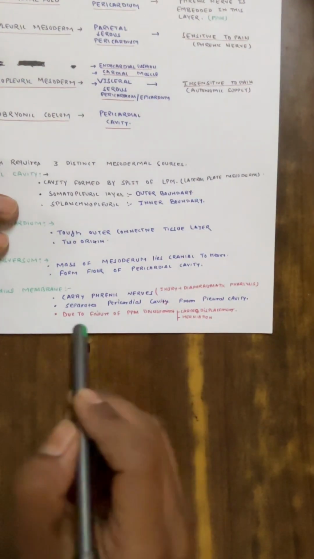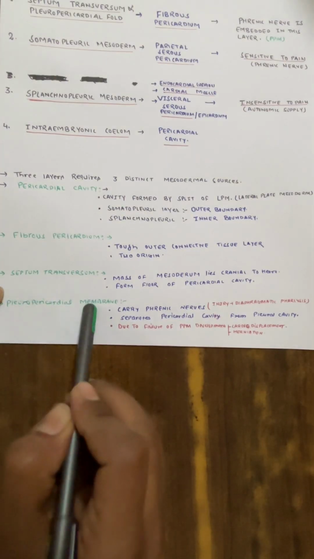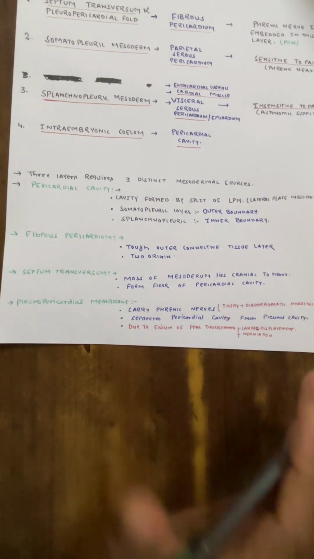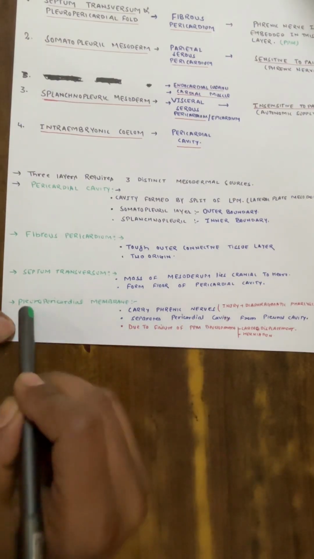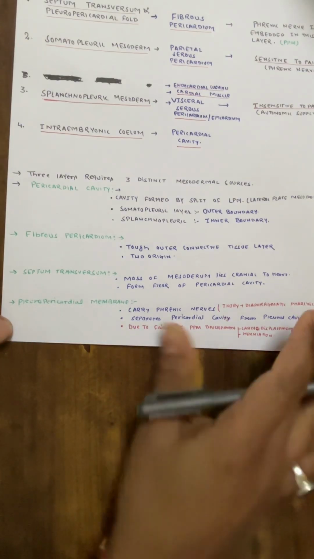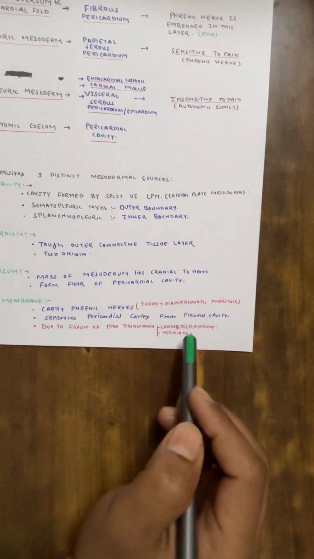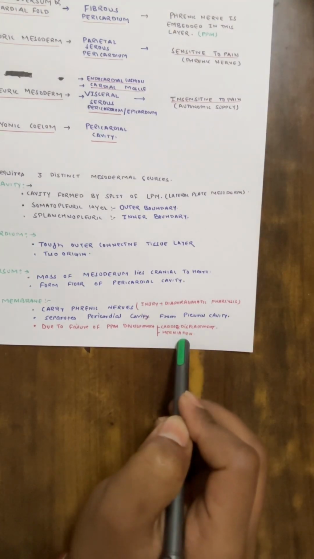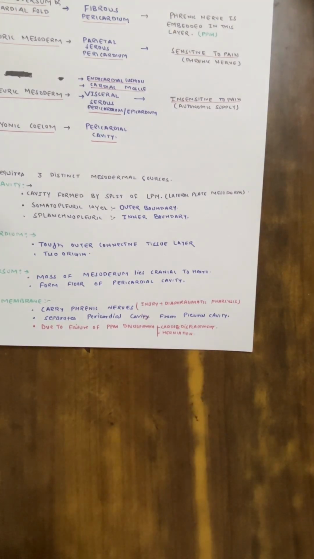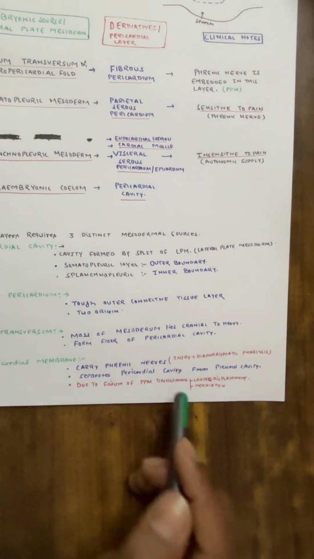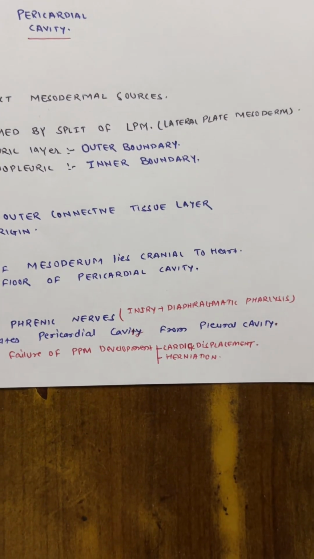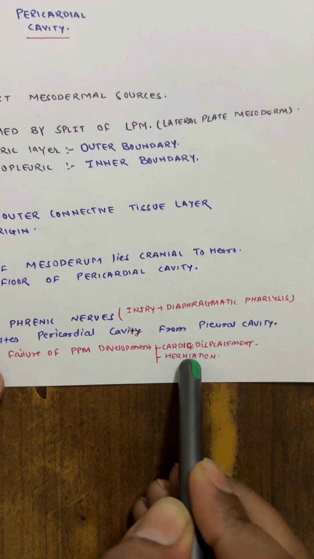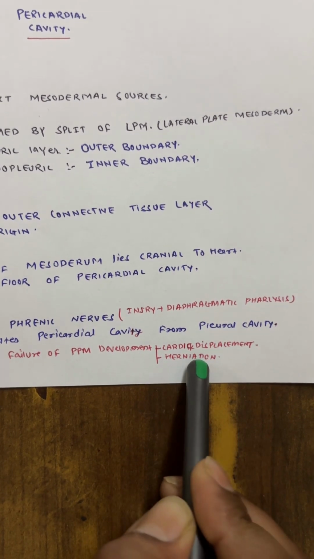If this pleuropericardial membrane fails to develop, then what will happen? Cardiac displacement or herniation will occur. This is important from a clinical point of view.